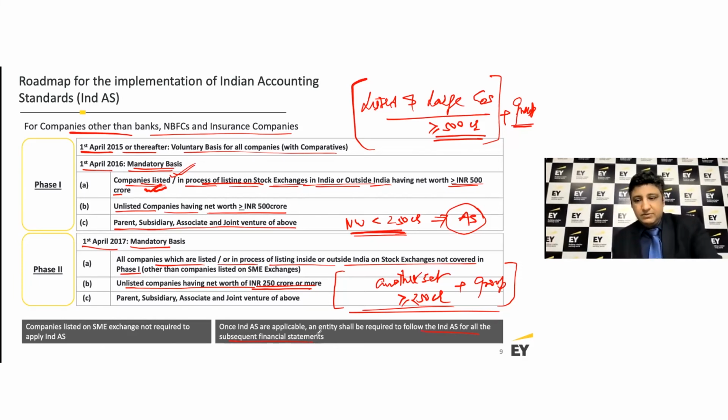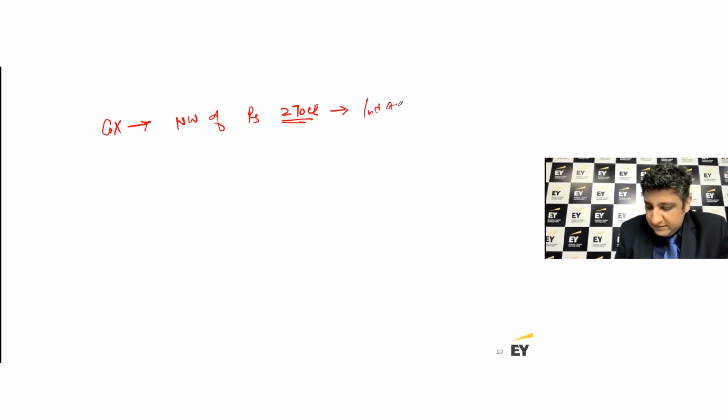So in theory, say there's a company X which has a net worth of rupees 270 crores. So naturally, Ind AS is mandatory. But let's say for the sake of argument, subsequently the net worth declines to rupees 230 crores.